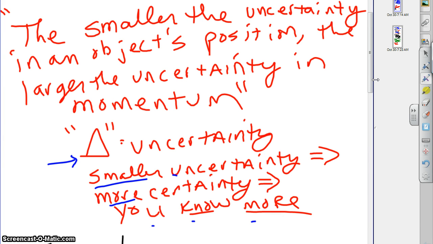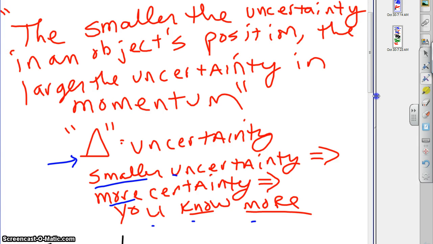So the more you know about something, the smaller this delta thing becomes. The uncertainty can be for anything. It's about whatever you're asking: the uncertainty in someone's age, the uncertainty in a position, the uncertainty in a speed. It's a measure of how well you were able to measure something.